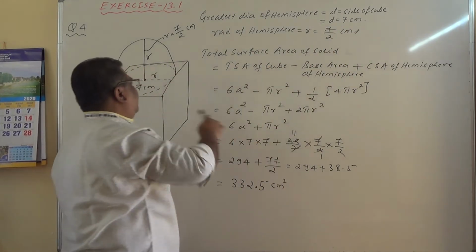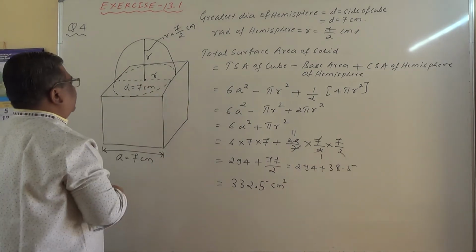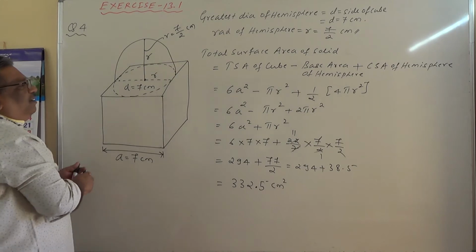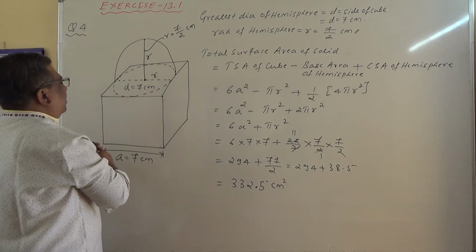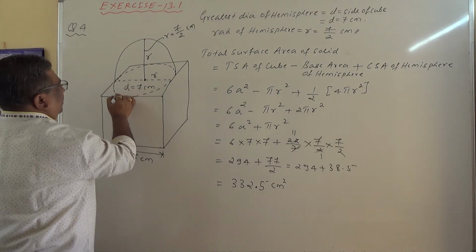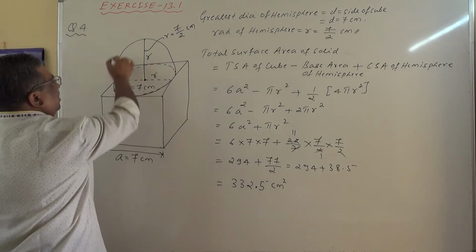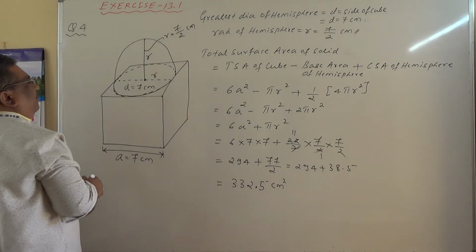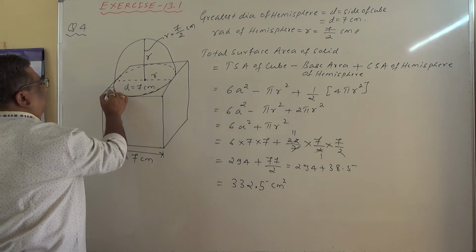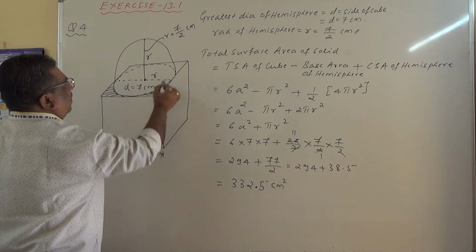Total surface area of this solid. See, very important, whenever we calculate the total surface area of this solid, one important thing here. This is the hemisphere, and it is mounted like this. This region is to be accounted for while calculating the surface area.